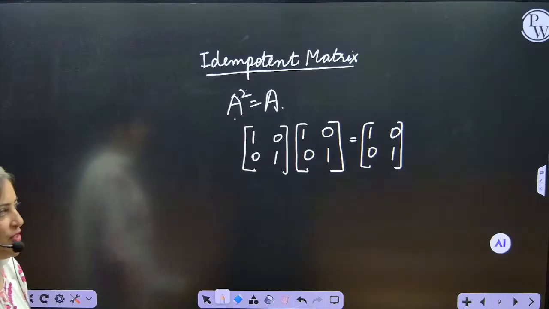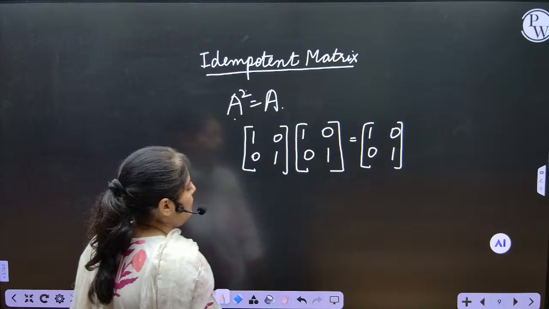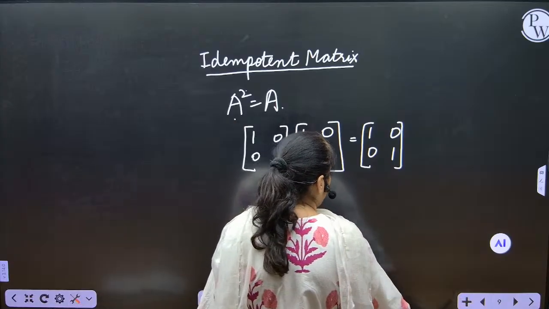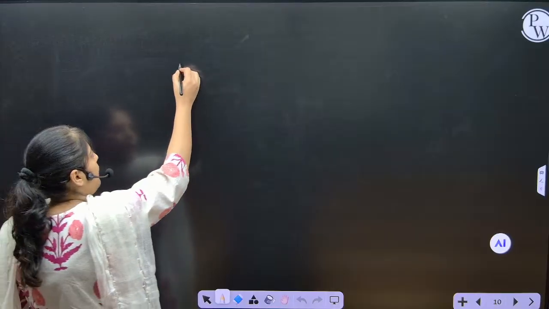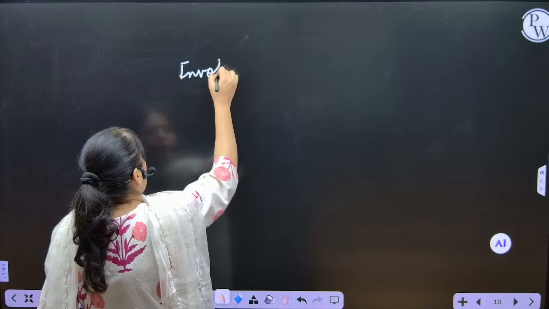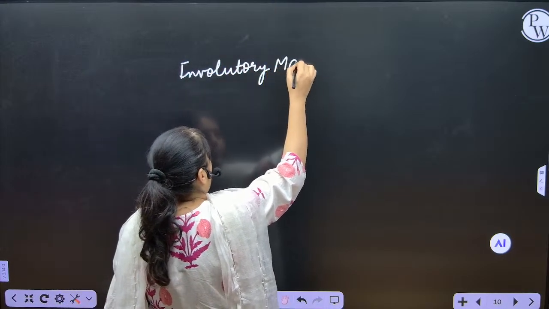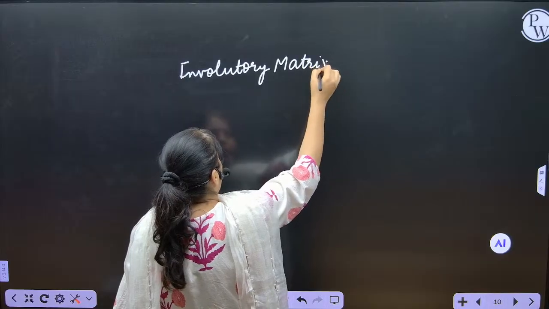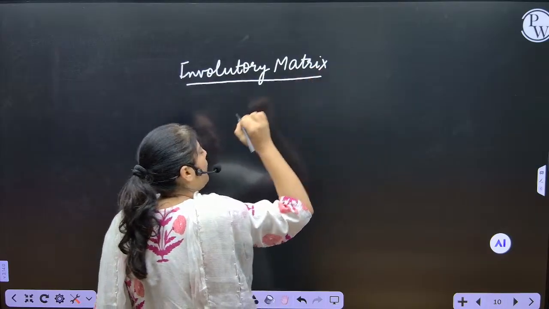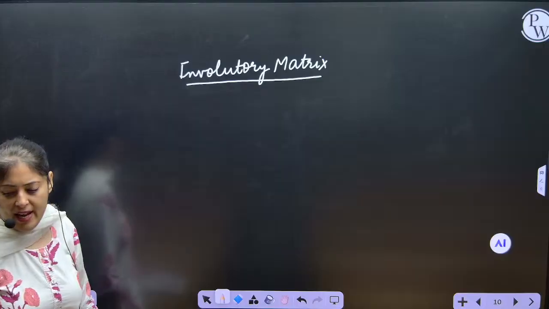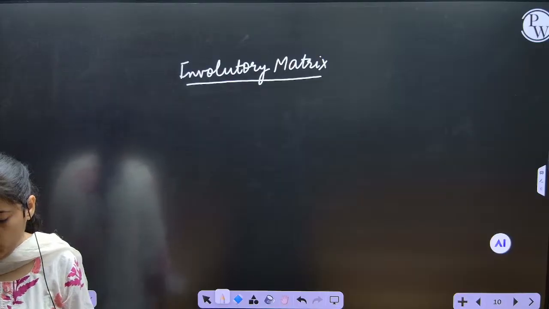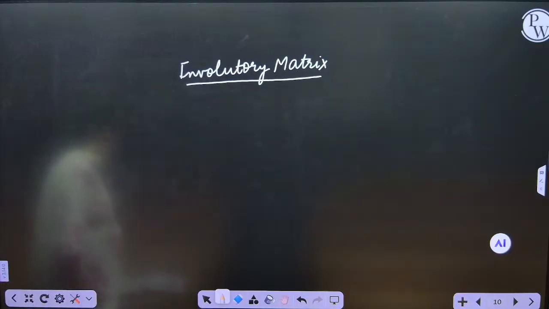Now the involutory matrix. When A square is equal to identity.